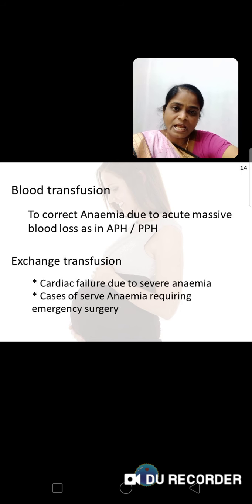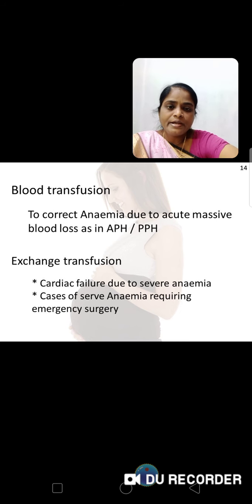We consider 10 grams per 100 ml as anemia, the mild, moderate, severe classifications, and what are the causes, inadequate intake, faulty diet, and also many of the risk factors, and many of the causes of anemia, and classifications of anemia, and how to do the screening and assessment of the anemia, detection of early stage, and how to treat the anemia. So these are what we discussed.